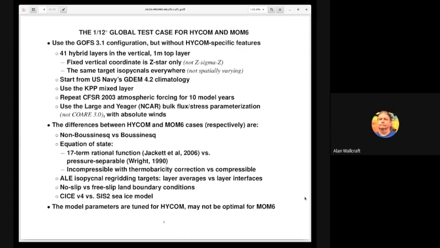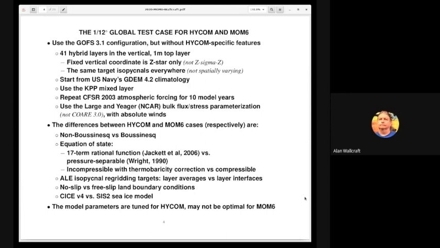And in HYCOM, we can have different target densities, for example in the Black Sea. But in this case, they're the same target density everywhere. We use a KPP mixed layer, and we repeat one typical year of CFSR for 10 model years using the Large and Yeager bulk stress parameterization with absolute winds.